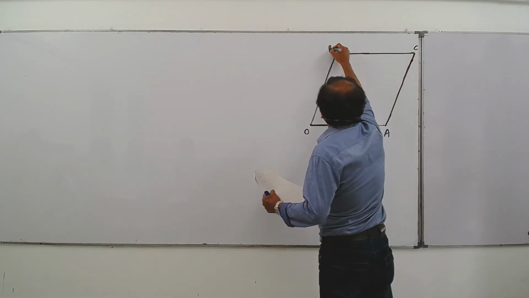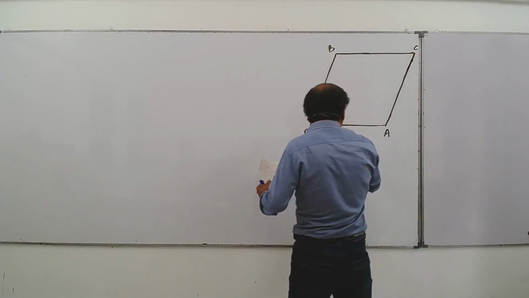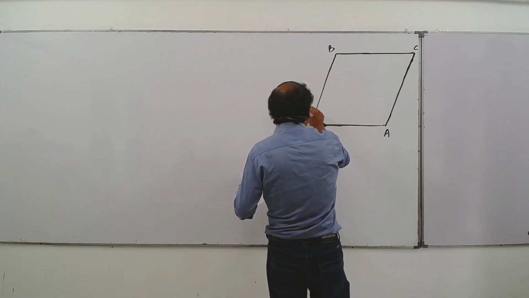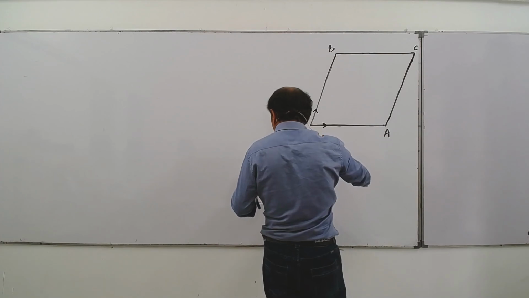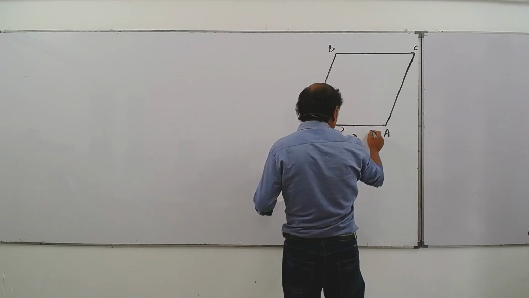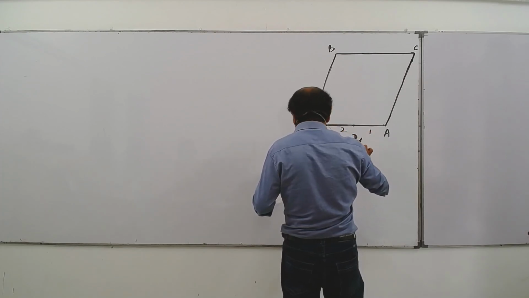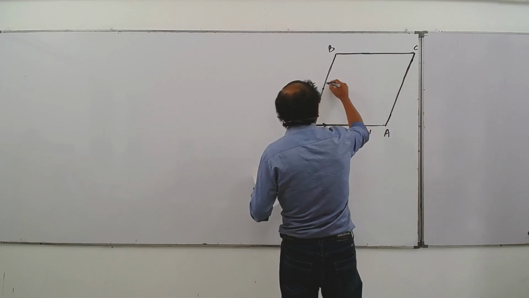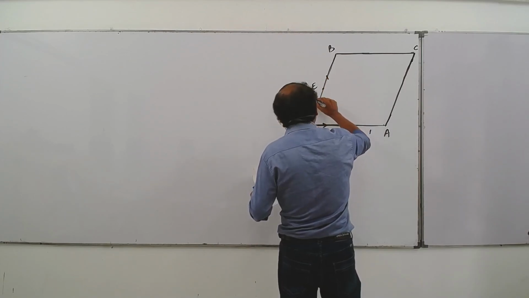We are given OA vector as simple A, OB vector as simple B. D is a point on OA in the ratio 2:1. E is the midpoint of OB, so the ratio is 1:1.